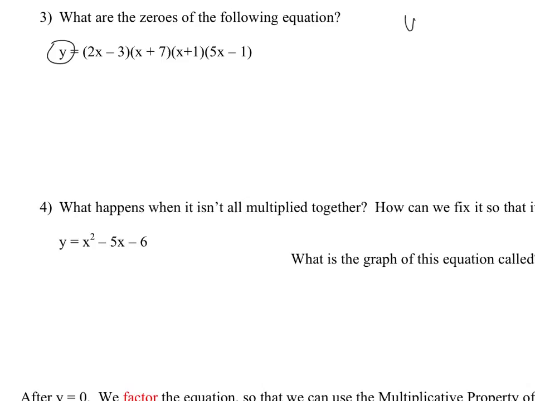If the y is there, you simply say, okay, y is 0, let's move on and solve the equation. Because we know when we're solving for roots, solutions, or zeros, the y value is always 0. So we simply plug in 0 for y. I'm going to rewrite this, giving myself more room.